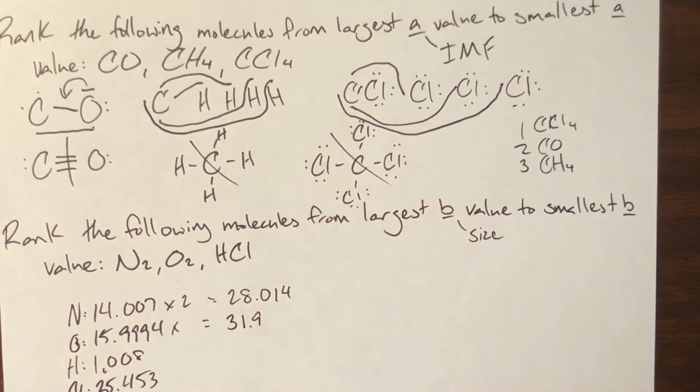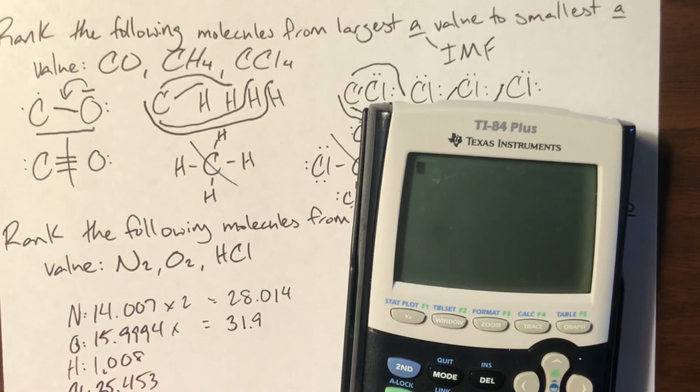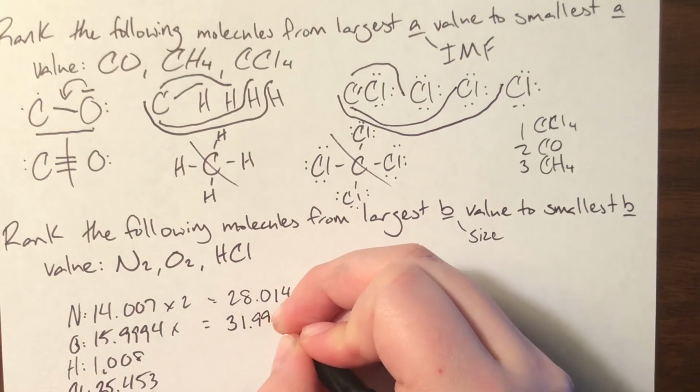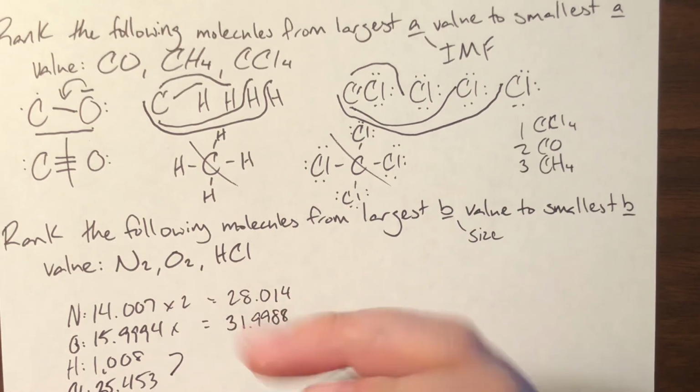I think it's, I used to have this memorized. We'll go ahead and cheat there, 15.9994. Oh, forgot to multiply by 2. 31.9988. Shouldn't have doubted myself. That's what I thought it was. And then I will add those two together.